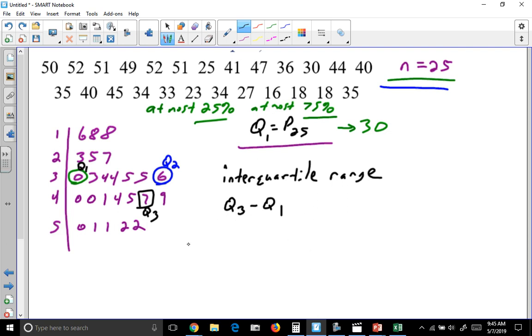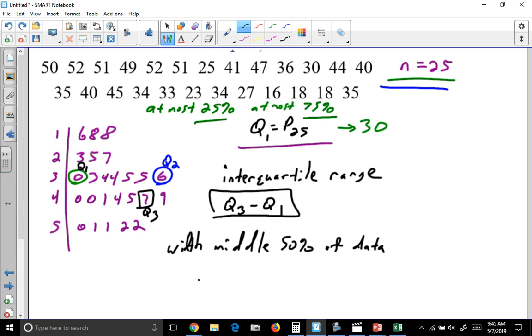That's basically the width of the middle half, or the middle 50% of the data. The range is how wide is all of our data. The interquartile range is how wide is the middle half.